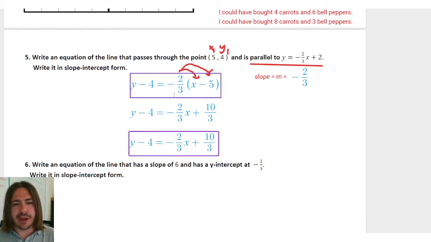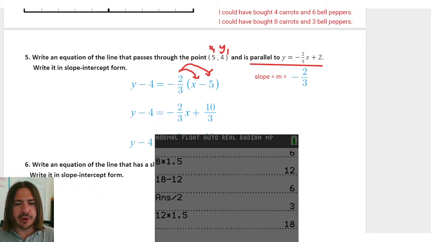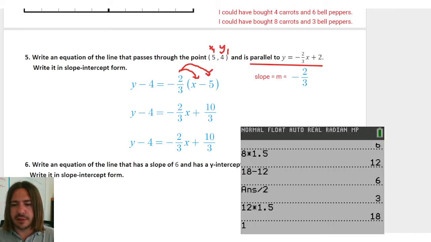Now here, I'm not as confident in my abilities, so I am going to pull up the calculator to hopefully get this one right, which is I need to do 10/3. So I'm just going to store that, and I'm going to add 4.